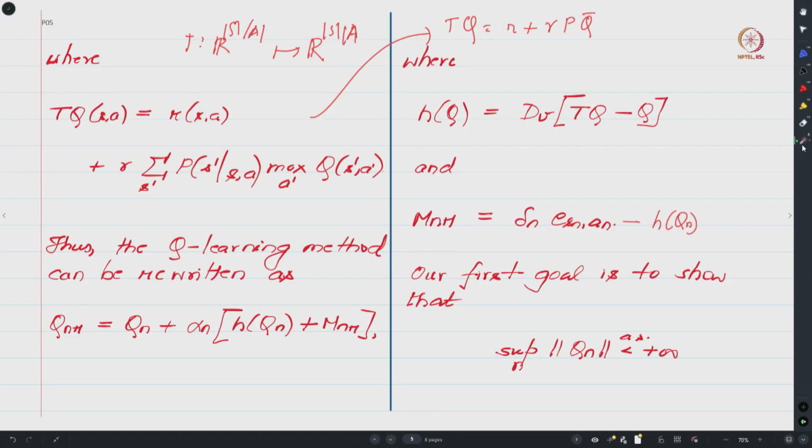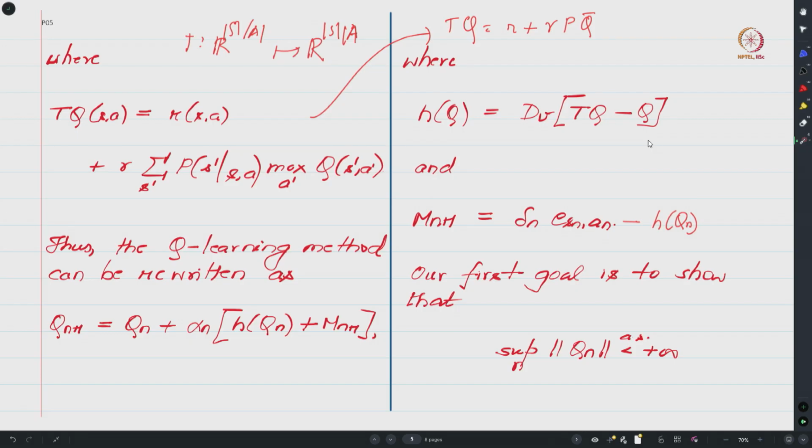And again one can see that if you define Mn plus 1 in this fashion, if you take the conditional expectation of Mn plus 1, then that conditional expectation is 0, which makes Mn plus 1 a martingale difference noise. So that mirrors the analysis that we have, and we have this h of q which is defined in this fashion.